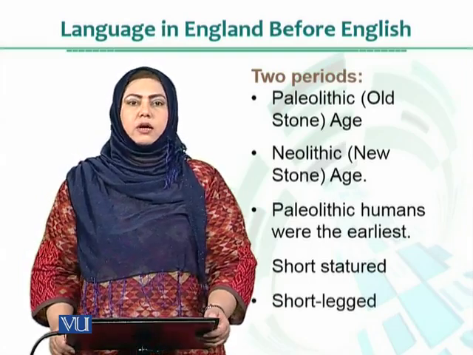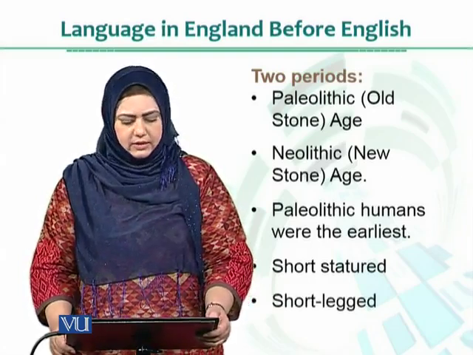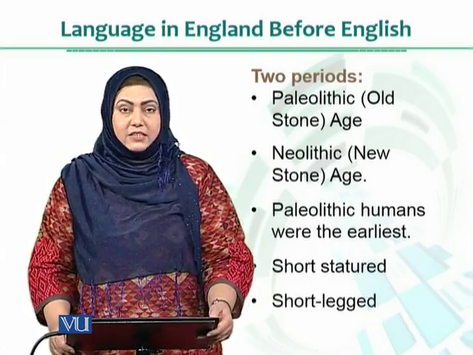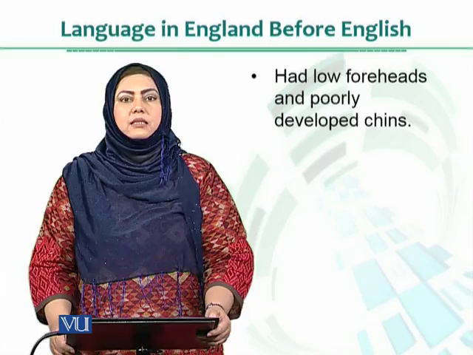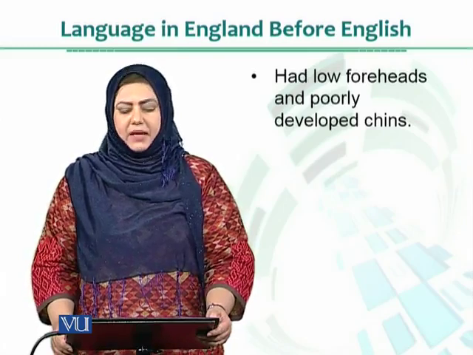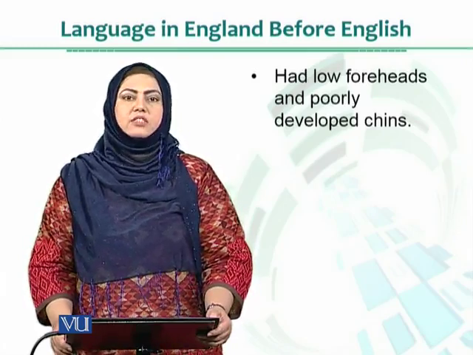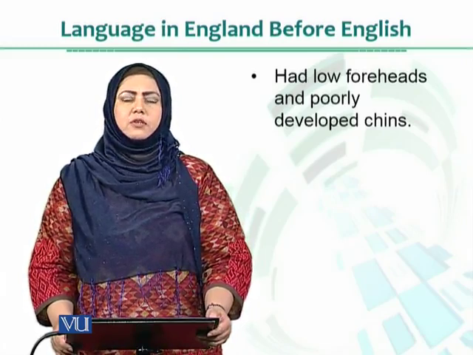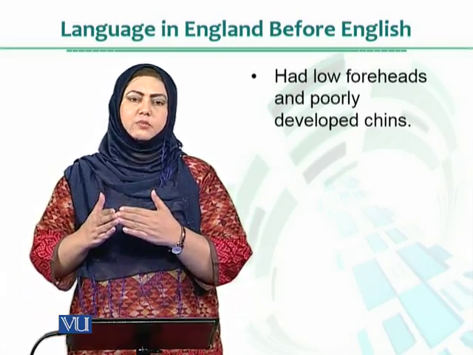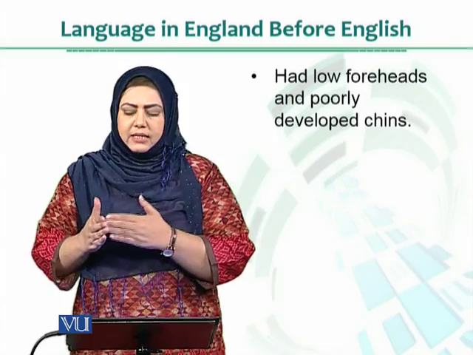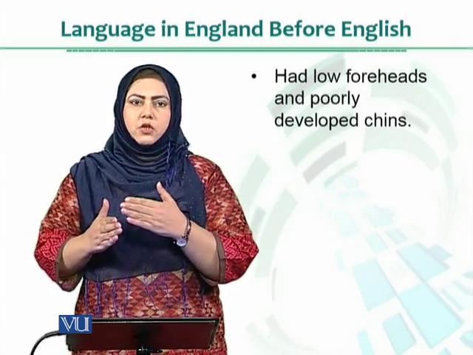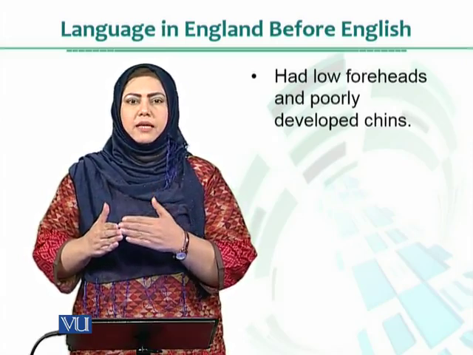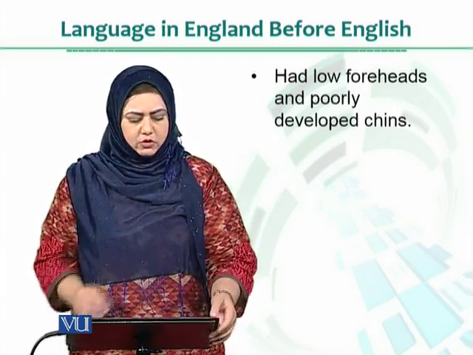They were also short-legged, which means they had shorter legs than we later find in the history of humanity. The foreheads of these people were comparatively low, and their chins were not properly developed. So these are human beings from the very early stages of human evolution.